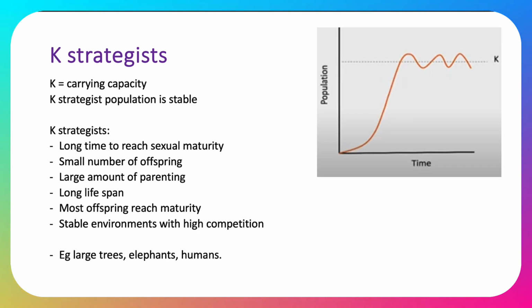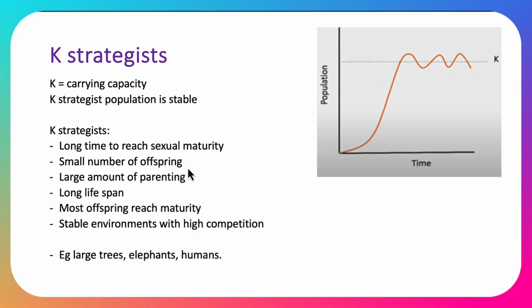The K strategists, on the other hand, K, as I mentioned, is the carrying capacity. With K strategists, they don't have booms and busts. They have a population that is relatively stable around this homeostatic level of the carrying capacity, or K. So they have a long time to reach sexual maturity. I want you to think about large trees, elephants, even humans.